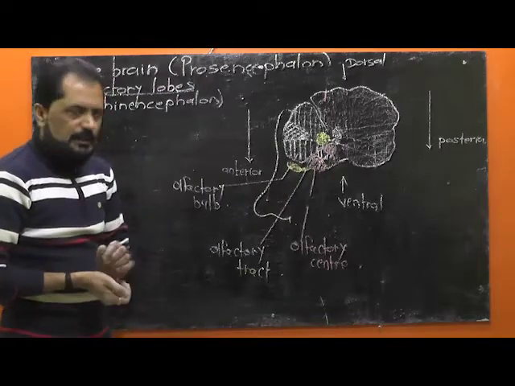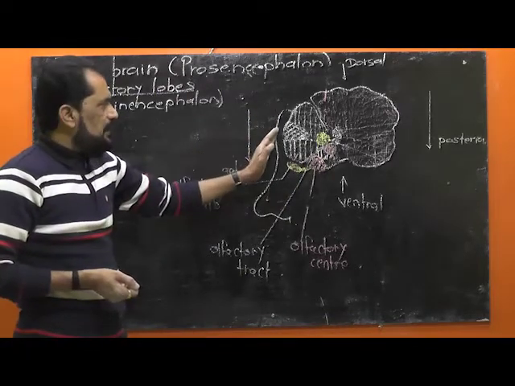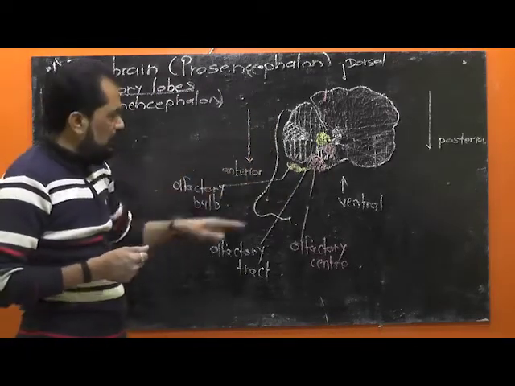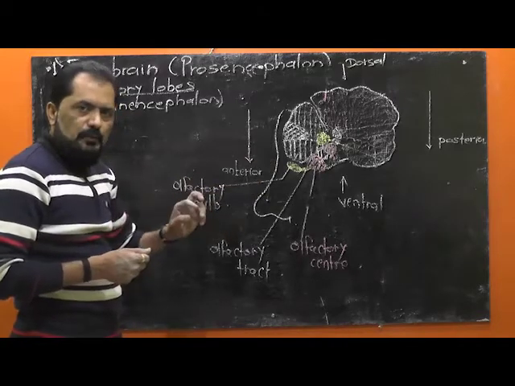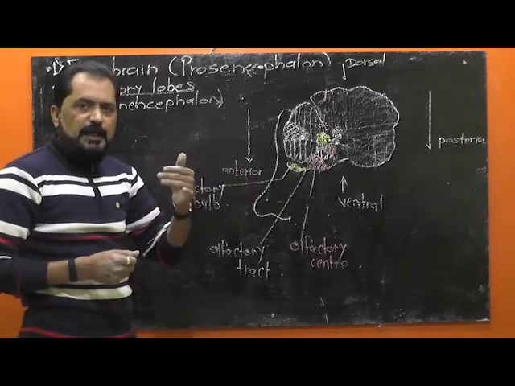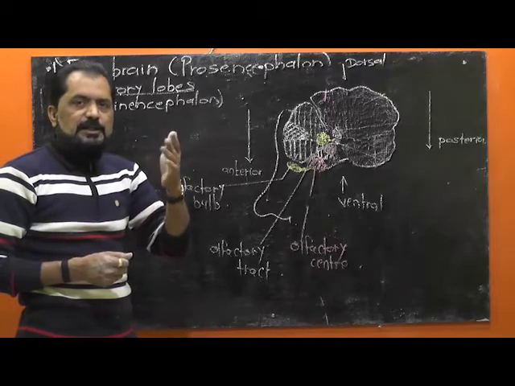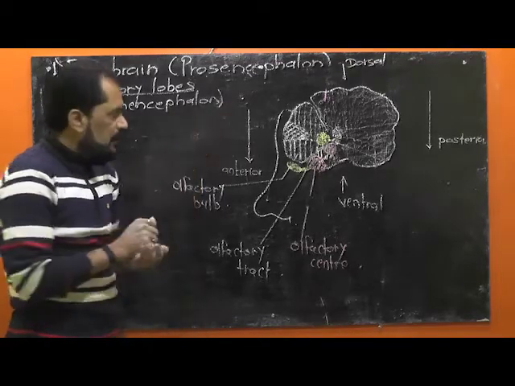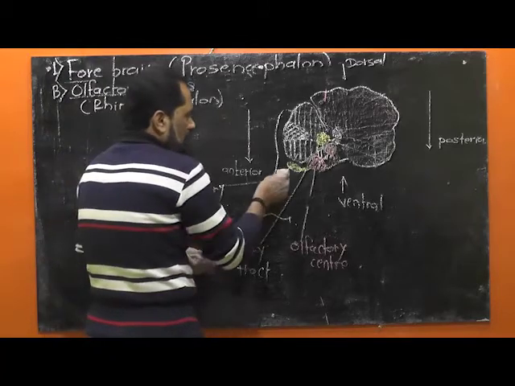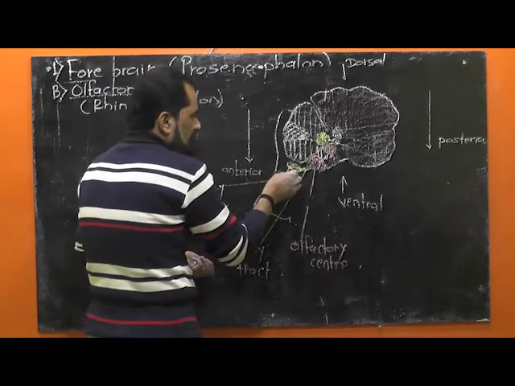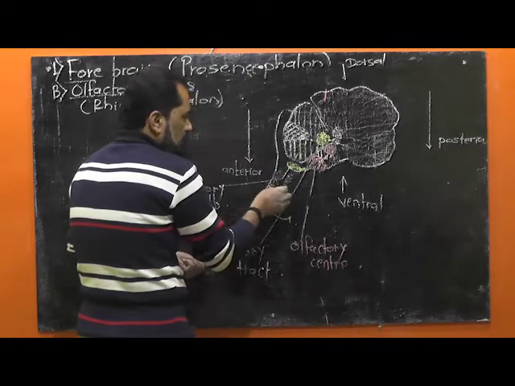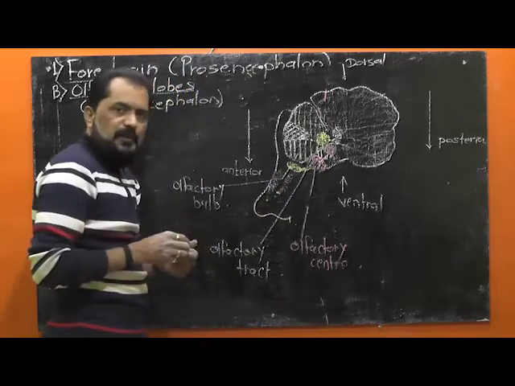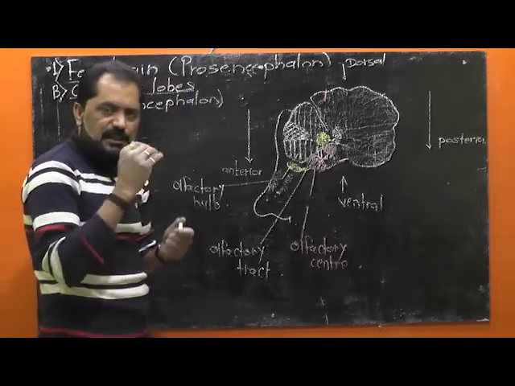We have studied in 11th that nasal passages are internally divided into three parts. Now the lining of the nasal passages represents the nasal mucosa, olfactory mucosa, which contains sensory cells.